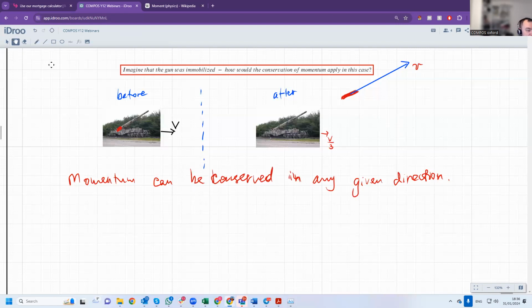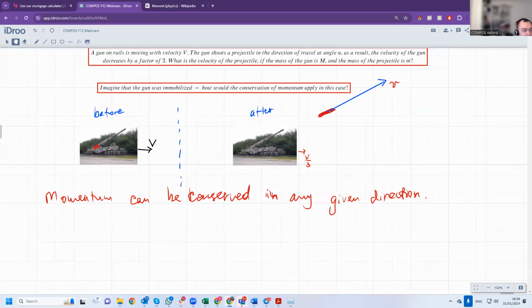Okay, so if you look carefully, you will see that initially the momentum is only horizontal. The gun is only moving horizontally. But after the collision, the projectile is not moving horizontally, it's moving vertically as well. So momentum is not conserved. Can somebody explain why?